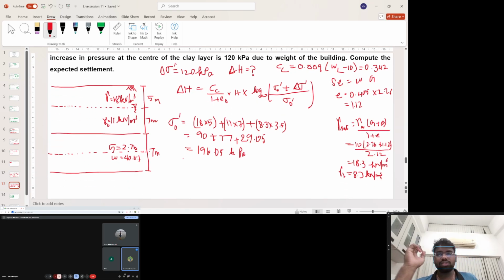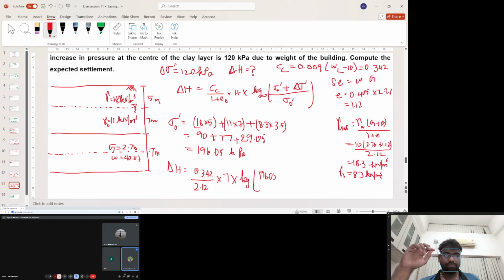Now substitute all the values in the above equation. Delta H is equal to Cc, which is 0.342 divided by 2.12 into 7 into log of 196.05 plus 120 divided by 196.05.